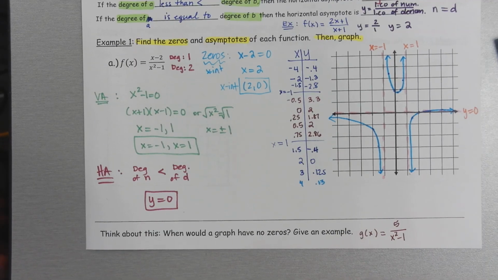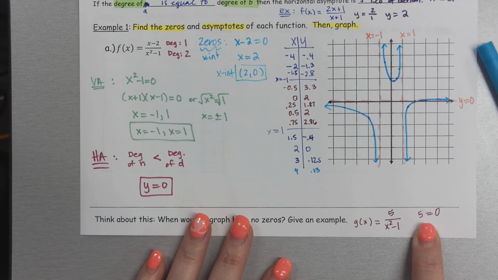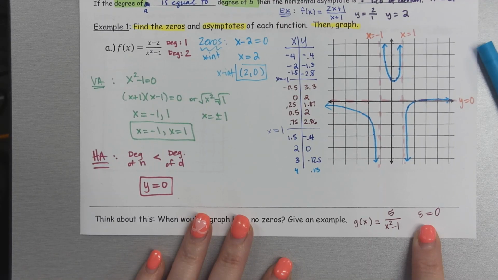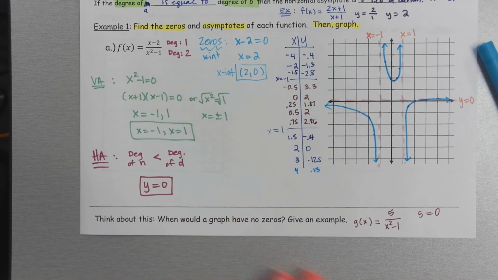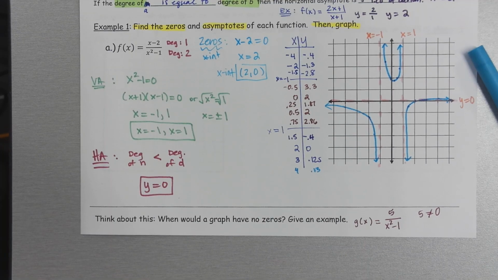If you set the numerator equal to 0 and you had 5 equals 0, would you be able to solve for that? No. Okay, so in that case, you wouldn't have any zeros.